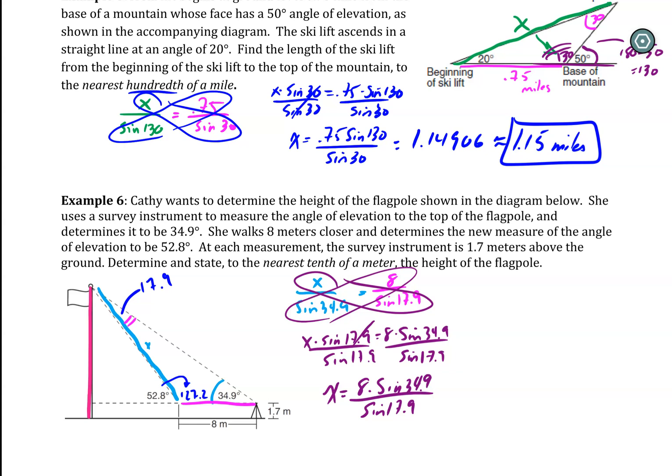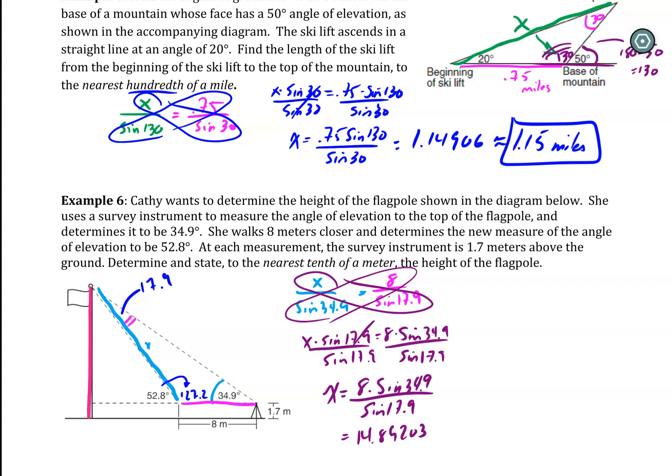So 8 times the sine of 34.9, divided by the sine of 17.9. Nope, that makes more sense. So I get 14.89203, and so on. So I'm going to carry that around.